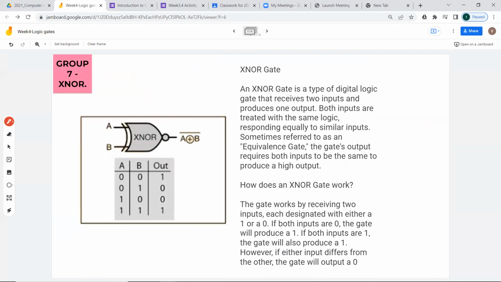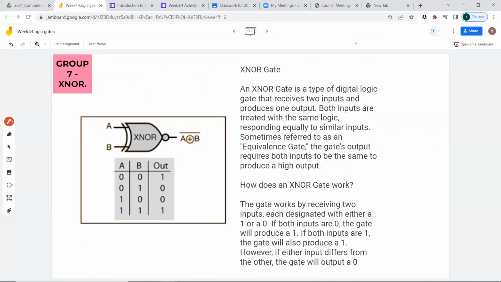Right. Final one, XNOR. This is an XNOR gate.